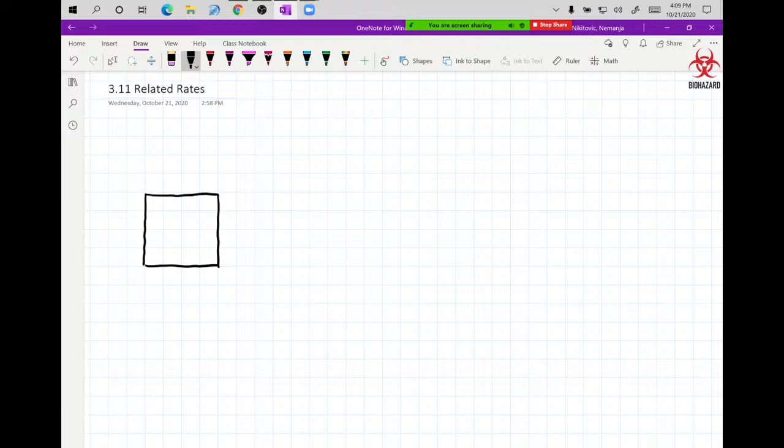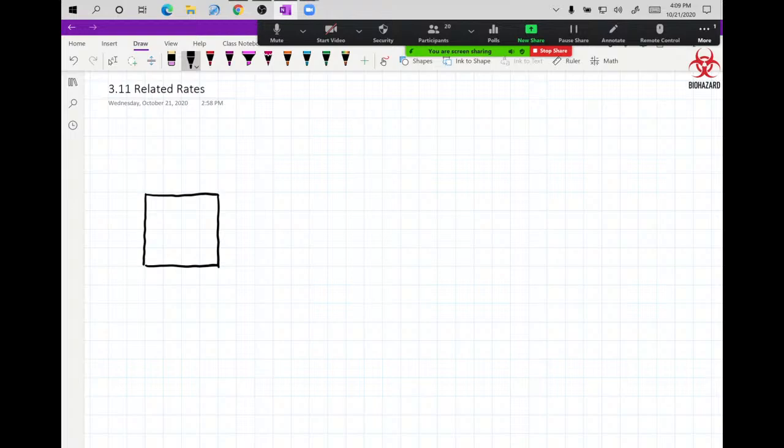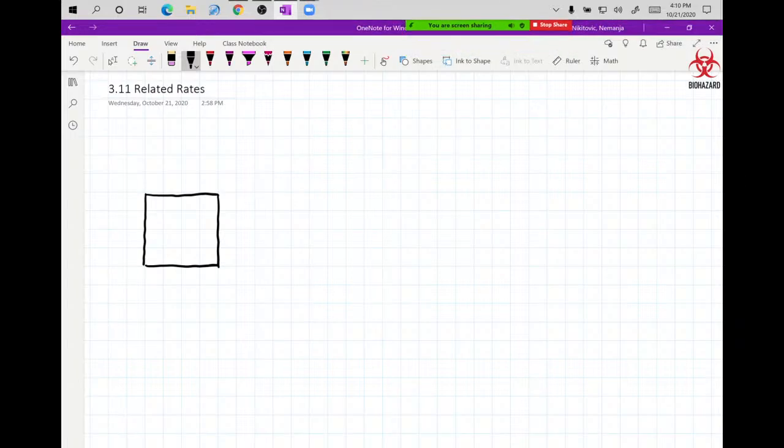What happens to metal objects when you heat them up? They do what? Expand. Very good. They expand.